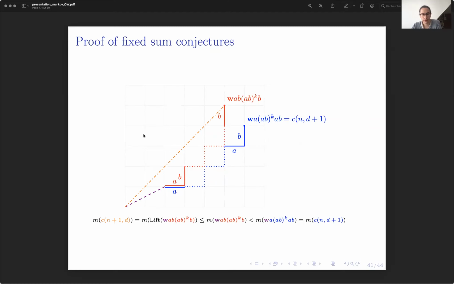So getting everything together, we have this formula, this chain of inequalities, that says that our M C N+1 D is less than M C N D+1.